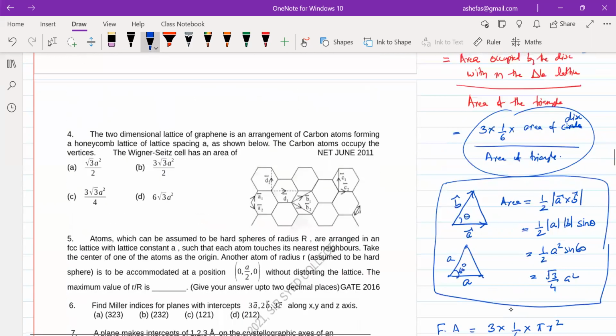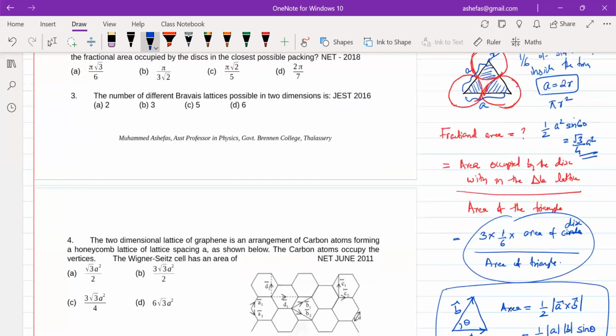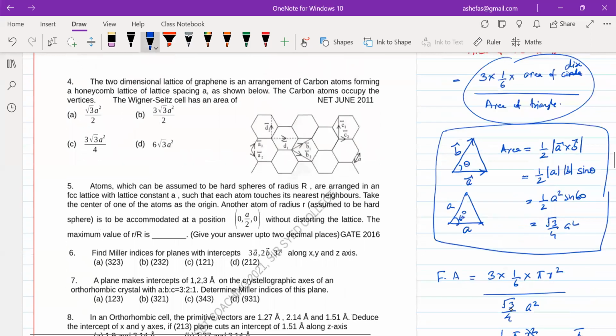If you look at this figure, we can directly write A is equal to 2R, and therefore this becomes 3 into 1 by 6, which is 1 by 2, pi R square, divided by root 3 by 4 times 4R square. The R square cancels, the 4 cancels, so we have pi divided by 2 root 3. That is the answer: the fractional area occupied by the disk in a triangular lattice is pi upon 2 root 3.